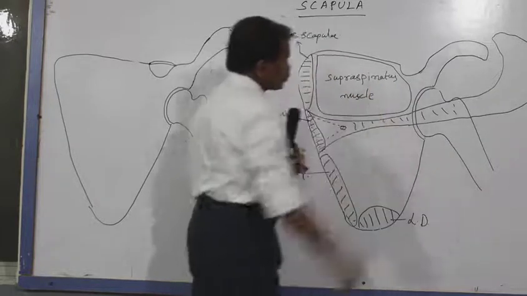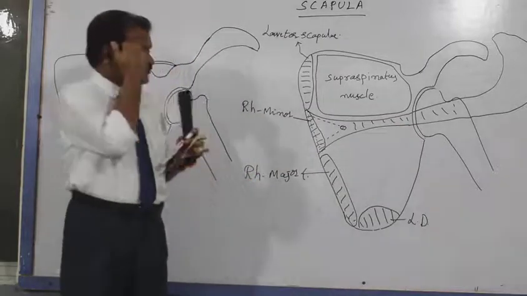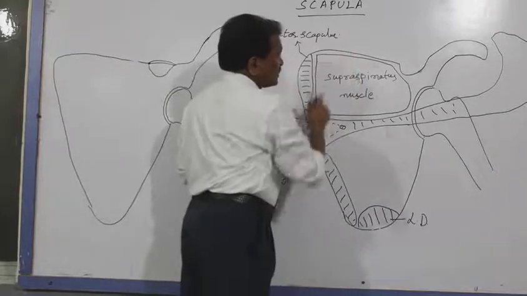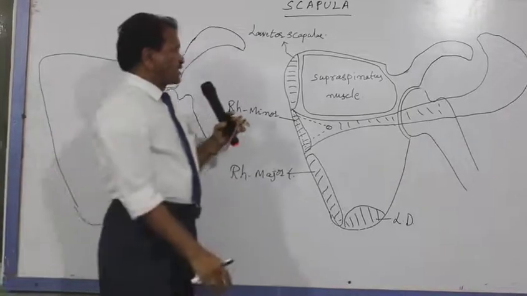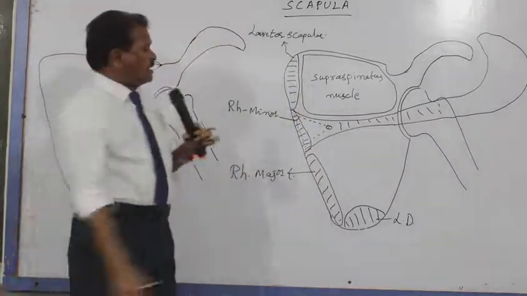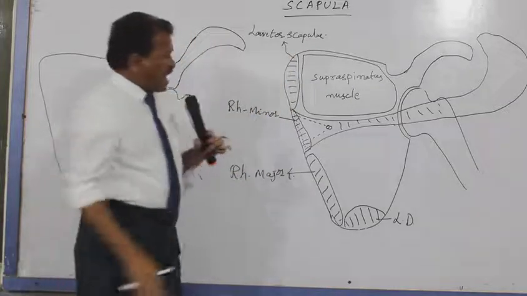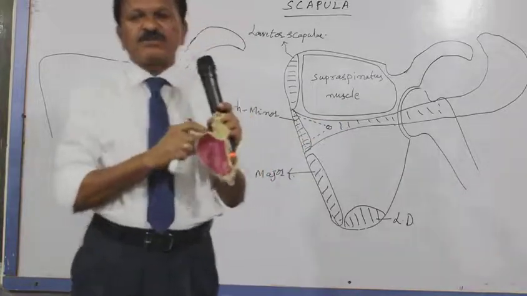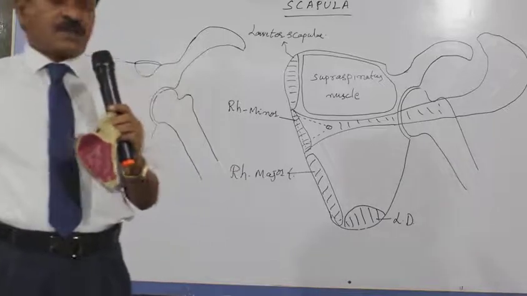The supraspinatus muscle originates from the supraspinous fossa. Its origin superiorly is limited by the upper border of the scapula, and laterally its origin is limited by the insertion of the levator scapulae muscle, and its origin also extends onto the superior surface of the spine of the scapula.